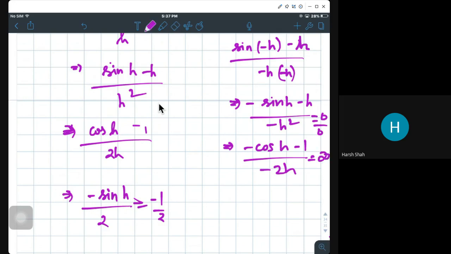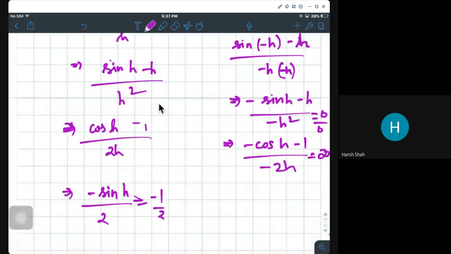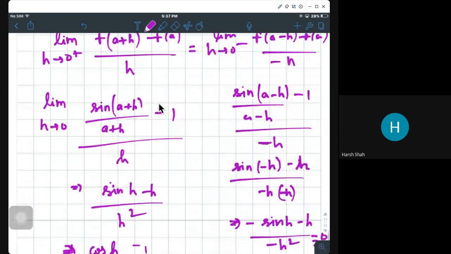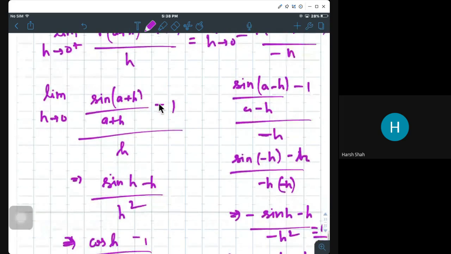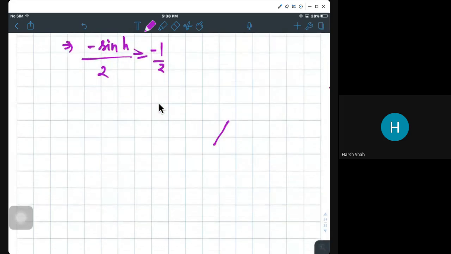So I don't think the limit is finite. This is not differentiable, at least for now. If anyone challenges this, I'll be more than happy. So this is what differentiability is.